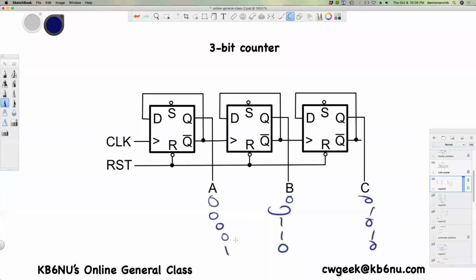So question, how many states does a 3-bit binary counter have? Answer 8. In digital logic, we use the binary math system. So 3 bits will give you 8 states, because 2 to the 3rd power is 8.